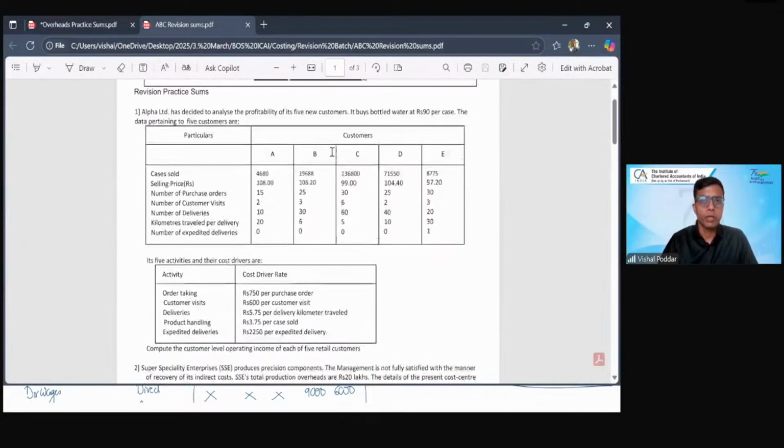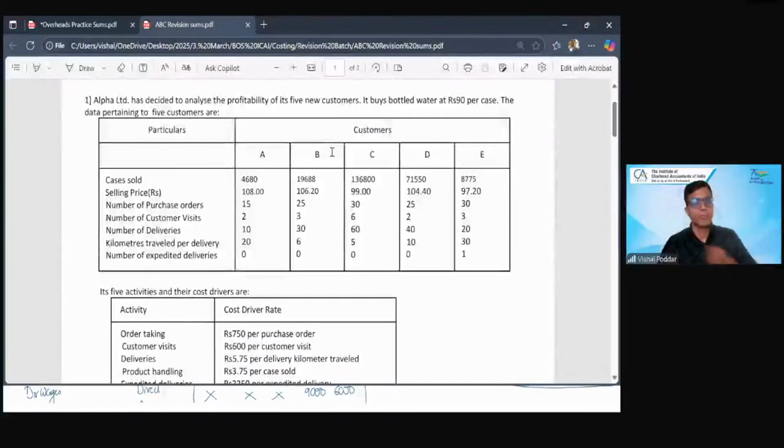Now, in this first question, see in ABC, different types of businesses would be given. It may not only be manufacturing. This is another very distinctive feature. The traditional approach can be used only in production sectors, whereas ABC can be used in production sector, service sector, in aviation industry, banking industry, hotel industry, everywhere.